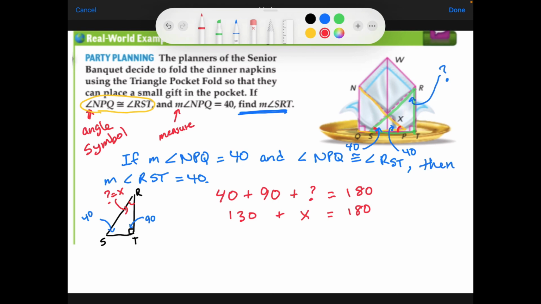So we're going to subtract 130 from both sides. It's going to give me 50. And the reason I subtracted 130 from both sides is because I want to get X by itself.